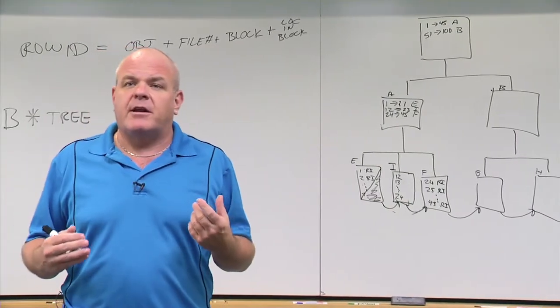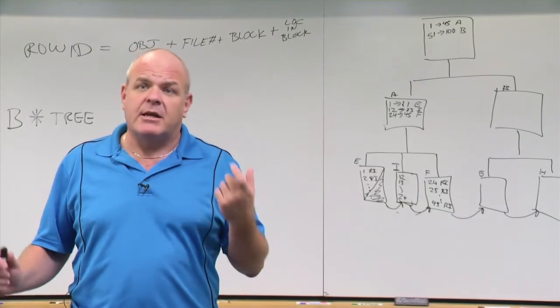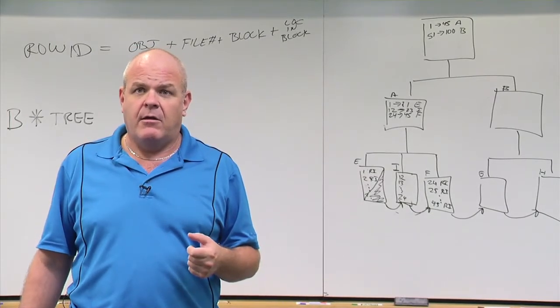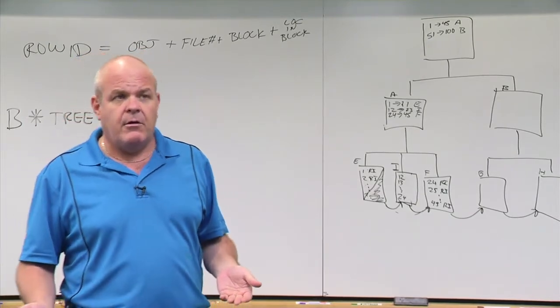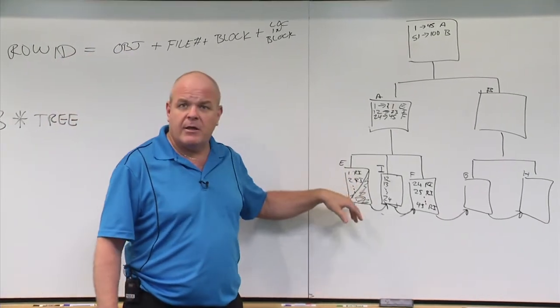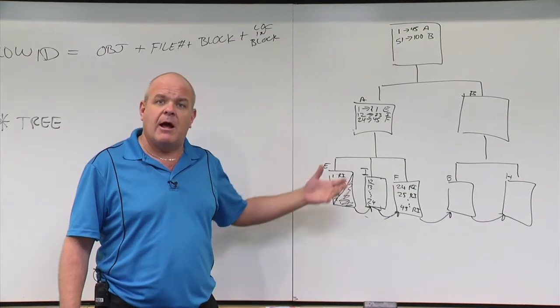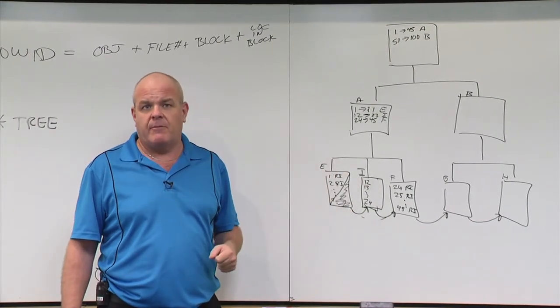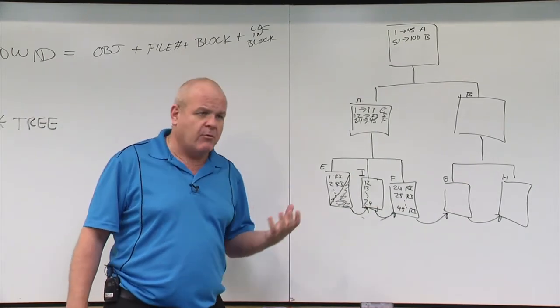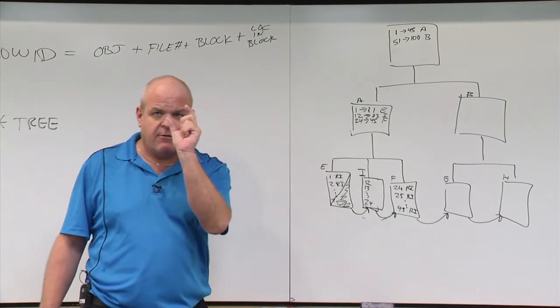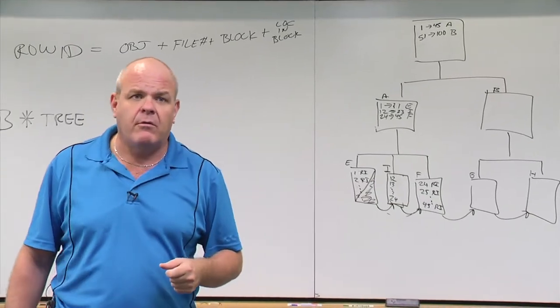What really is affecting you is a couple of different things. Is the key value length. So what key are you looking for? Is it a number? Is it a string? Because that's going to affect how many leaf blocks there are and how much data we can fit in a leaf block. The row ID is pretty fixed. It's not going to be ridiculous in size, but the key value is the variable one that we can control.